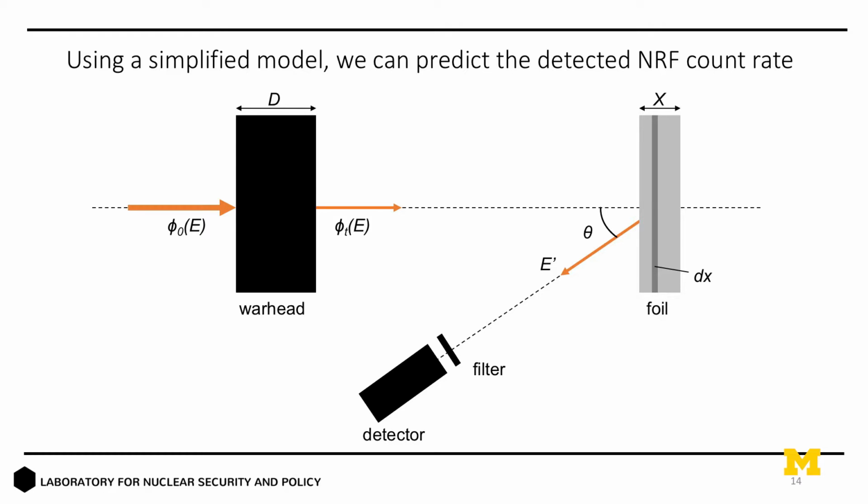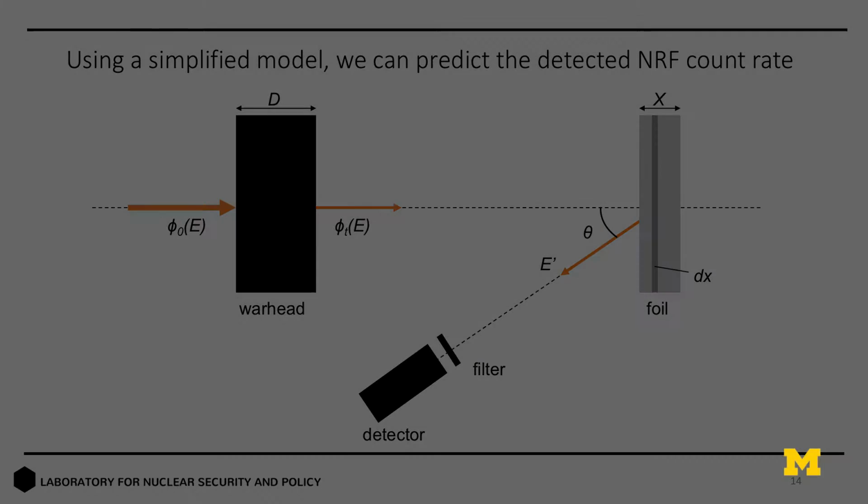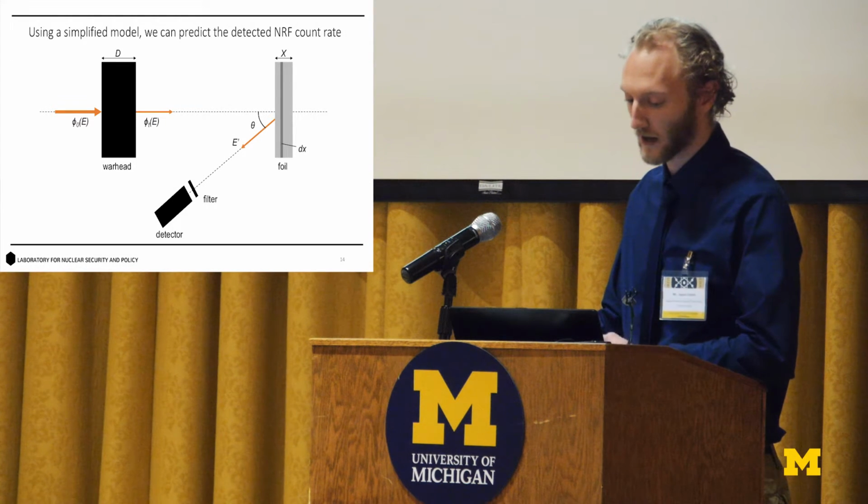So at the same time we're doing these experiments, we would like to have an analytical model for the count rate we should expect to be seeing in these experiments. So over the past couple months, I developed a simplified model of the physical cryptographic measurement using NRF.